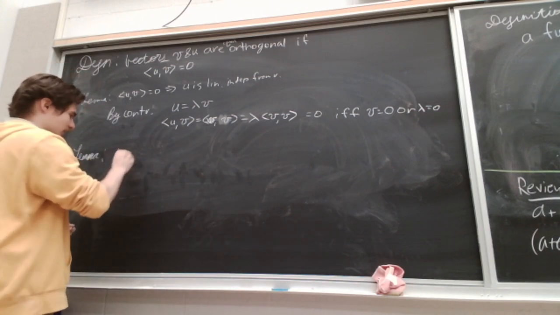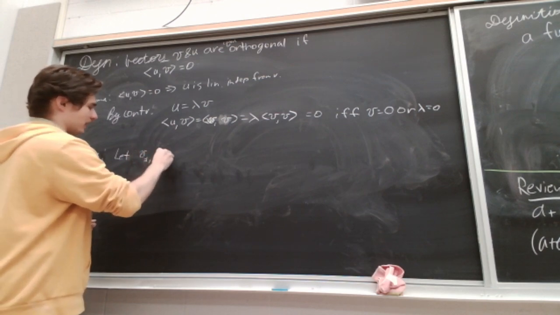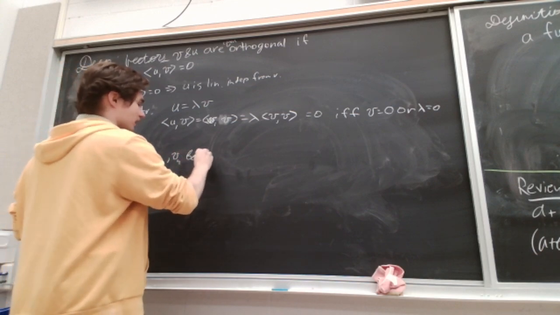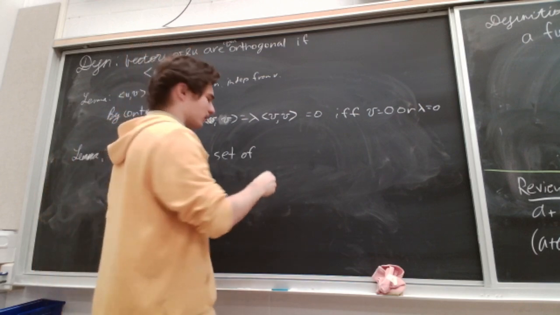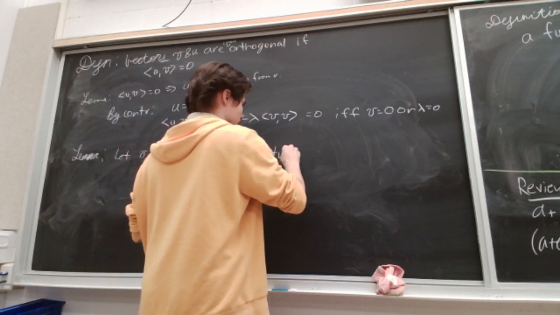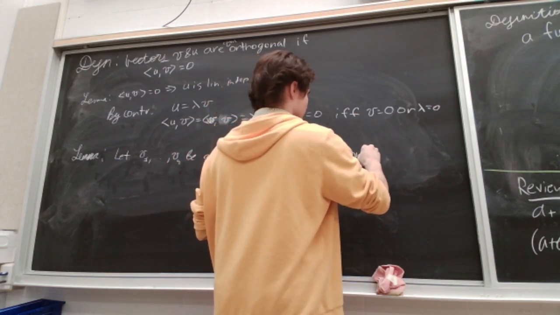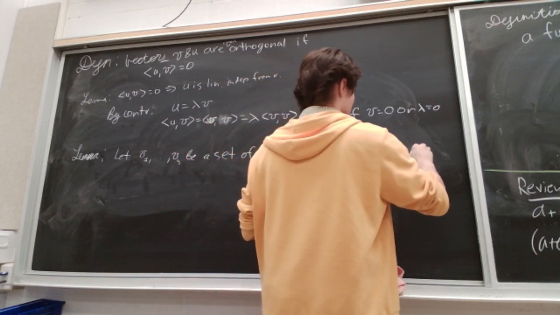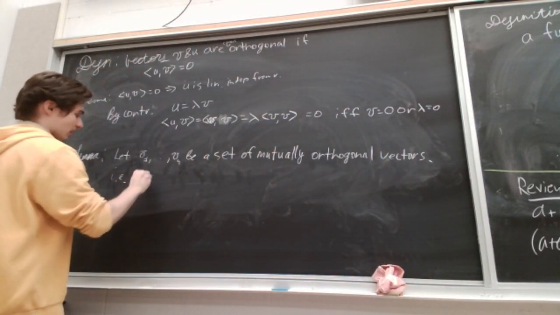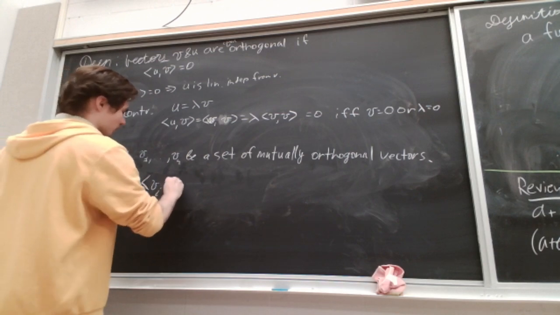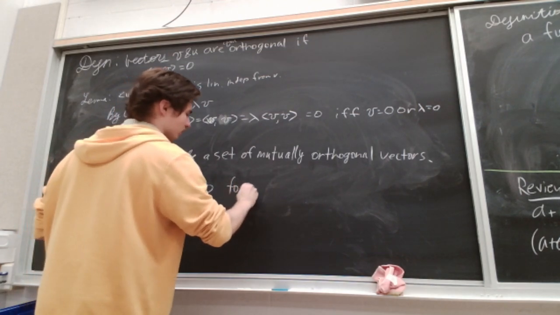Let v1 up to vn be a set of mutually orthogonal vectors, meaning that the inner product of vi with vj is equal to 0 for i not equal to j.